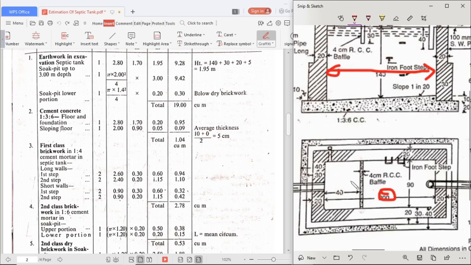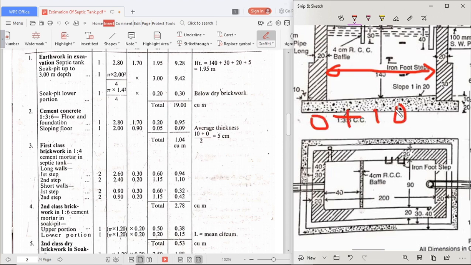We have to do the sloping only at the inner dimension. So we have 200 into 0.90, length and breadth. Then for the height we have to take the average.